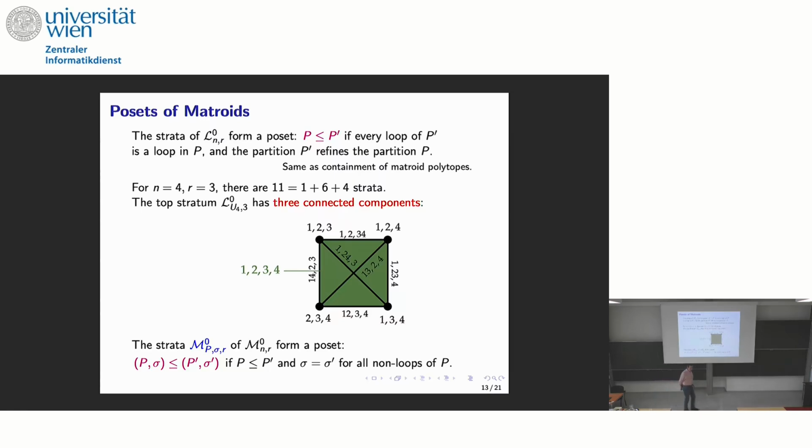So with this language, now I've told you how many strata there are, how many there are of a given dimension, and I've given you an indexing scheme. I've given you a poset that indexes these strata, and already hinted at the fact that these strata may be disconnected.